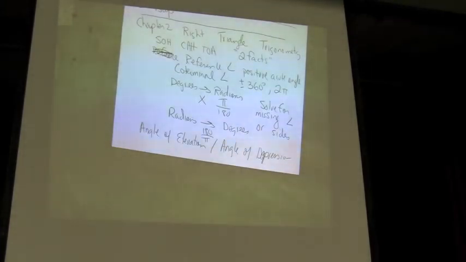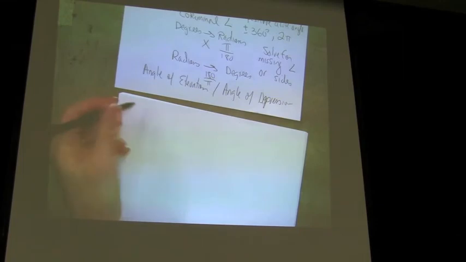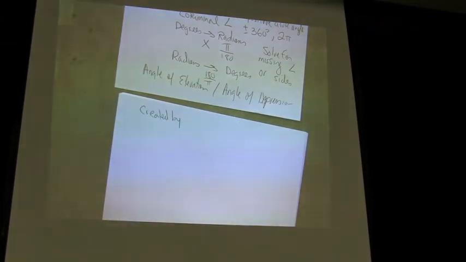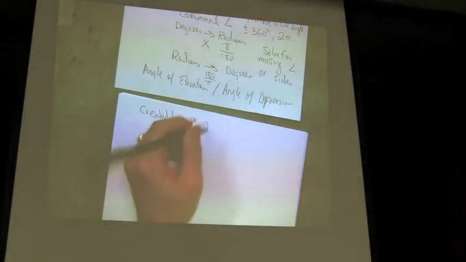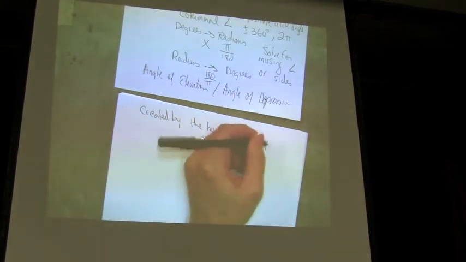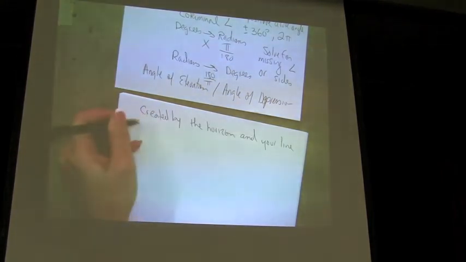So anytime you are doing an angle of elevation or depression, the angle is created by what? The horizon and your line of sight.